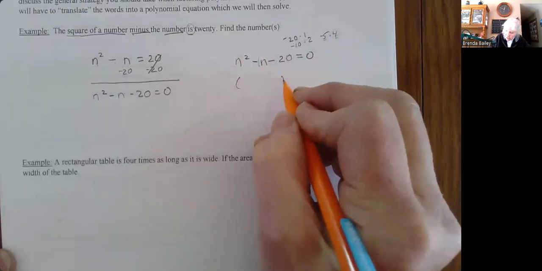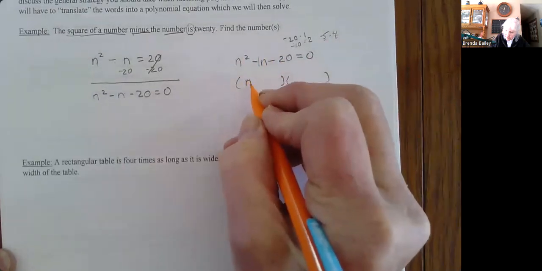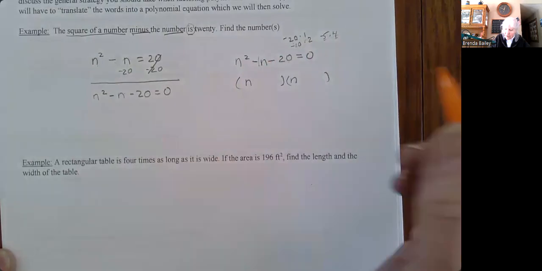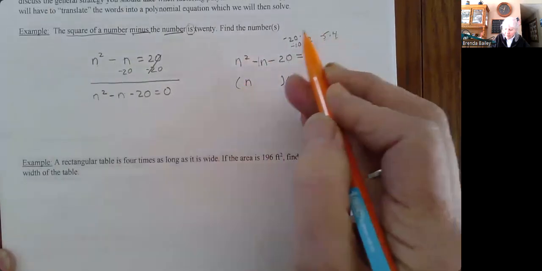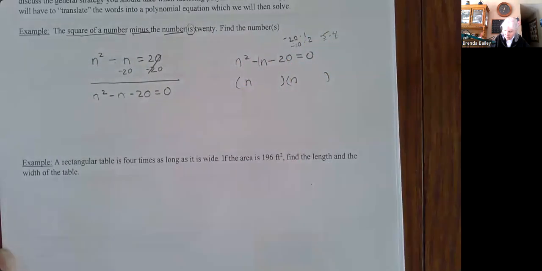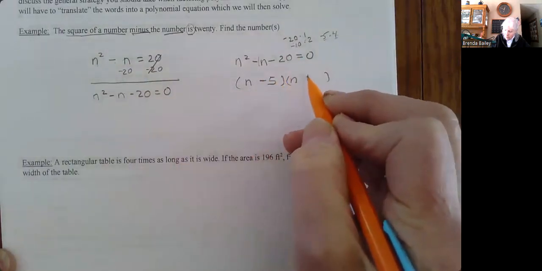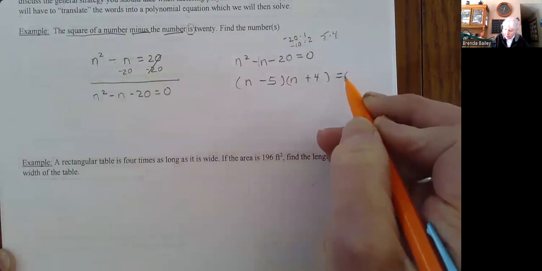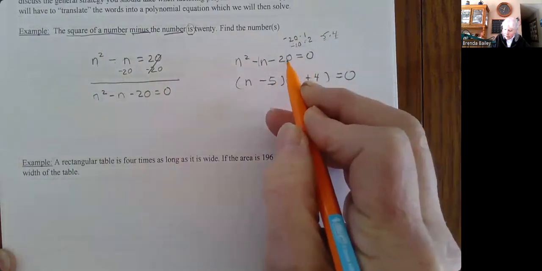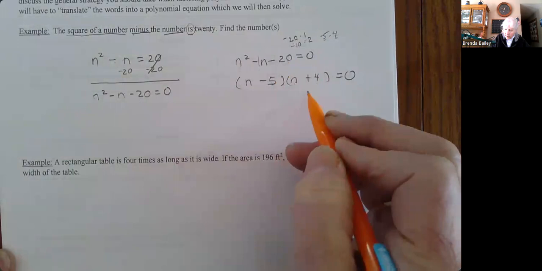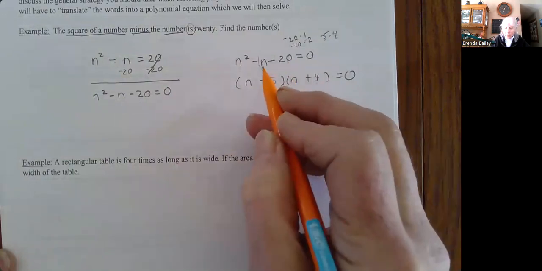So we can factor n times n is n squared. See, if there's a number in front, you just have to try a bunch of different combinations. -5 and +4. And we get the -20, and -5n and 4n is a -1n.